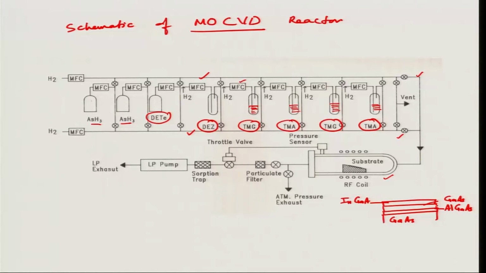Okay. And these thin films are very thin, on the order of 2 to 10 nanometers only, and the composition changes very abruptly, and it is essential that there is no mixing of these layers. Okay. There is no gradient.